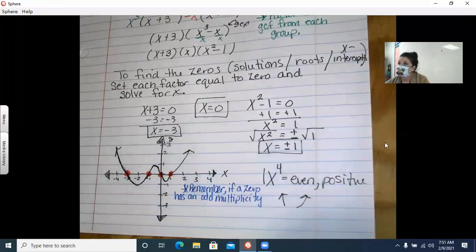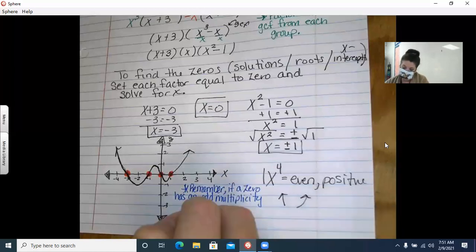Watch them. If you weren't here, or if you're new to the class, go back and watch them because they're very important to what we're doing the next 3 days. Remember, if a 0 has an odd multiplicity, the graph will cross the x-axis at that 0.